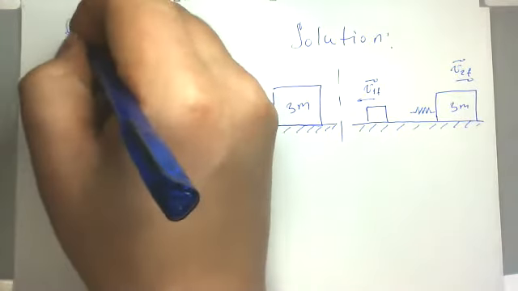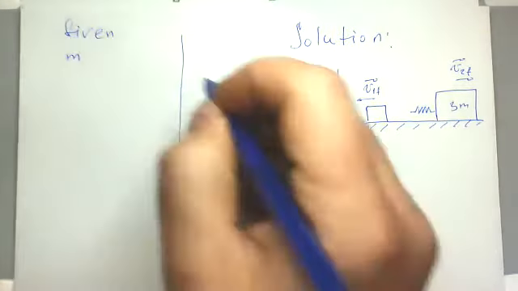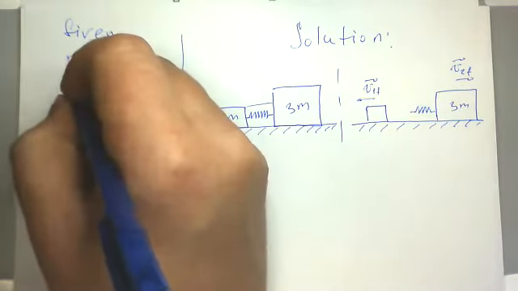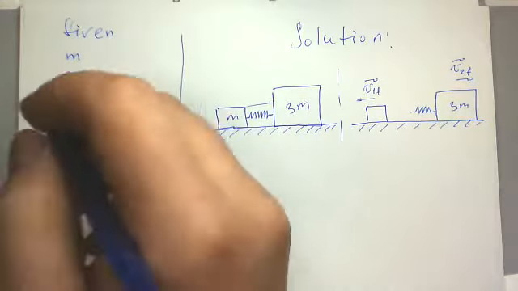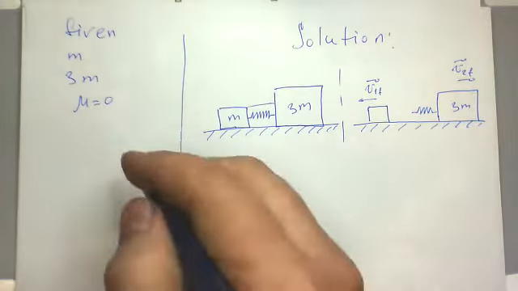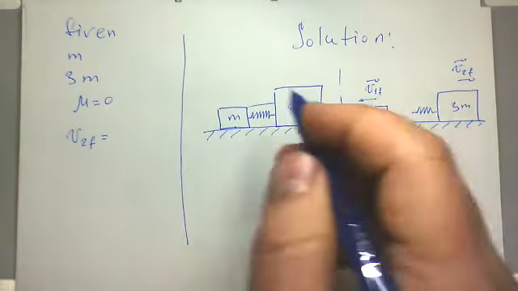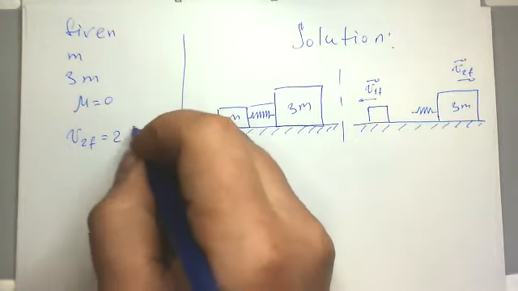So first, let's collect what is given in a given box. The mass of the first block is m, the mass of the second block is 3m. There is no friction, so the coefficient of friction is 0. And the final speed of this massive object after the cord is burned is 2 meters per second.